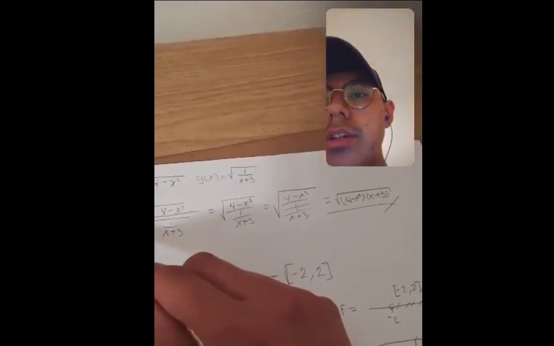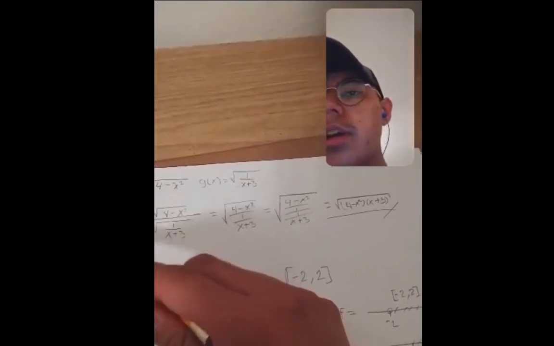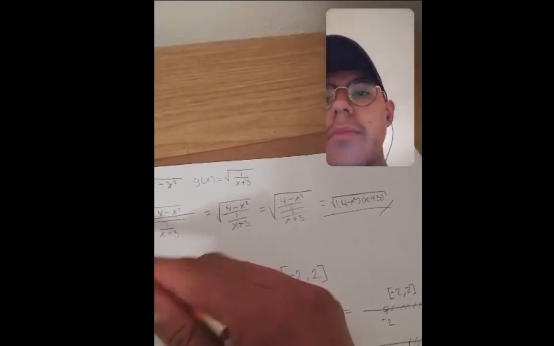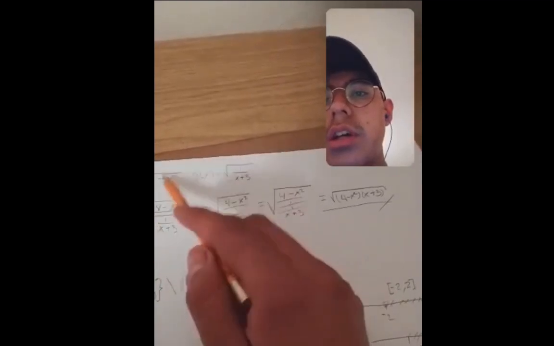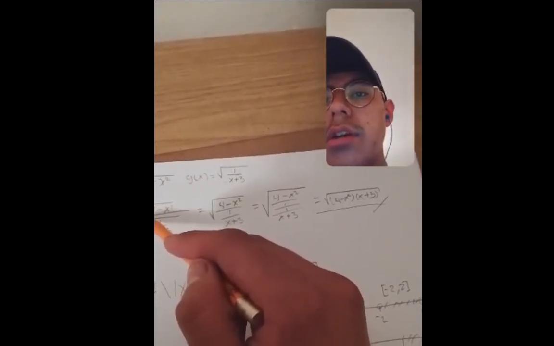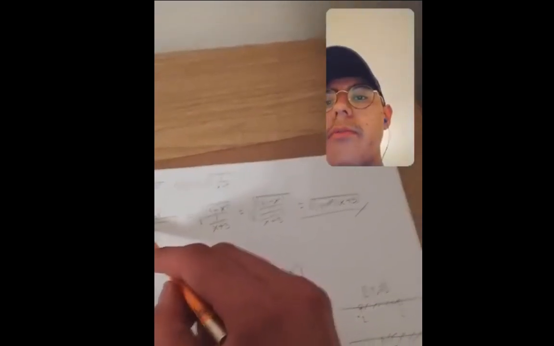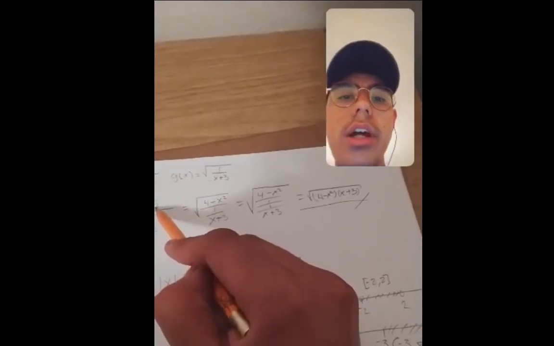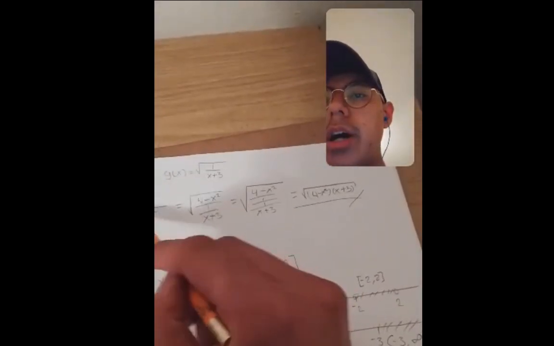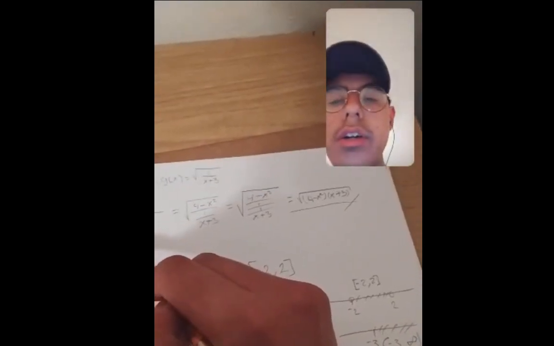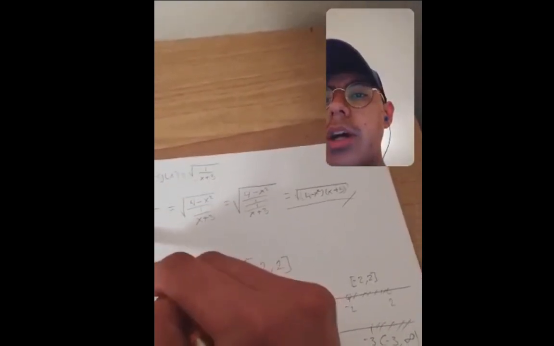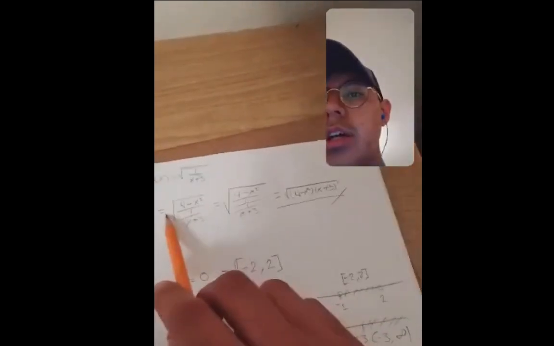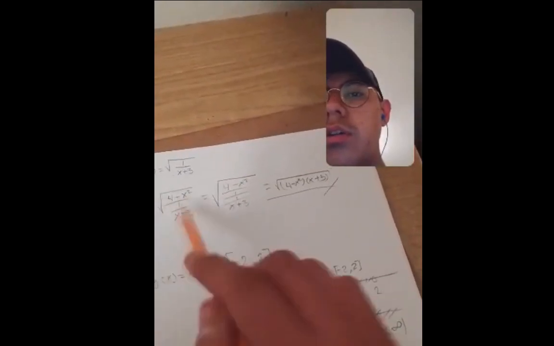In this operation, we are going to divide function f by function g. f over g of x is equal to the square root of 4 minus x squared divided by the square root of 1 divided by x plus 3.